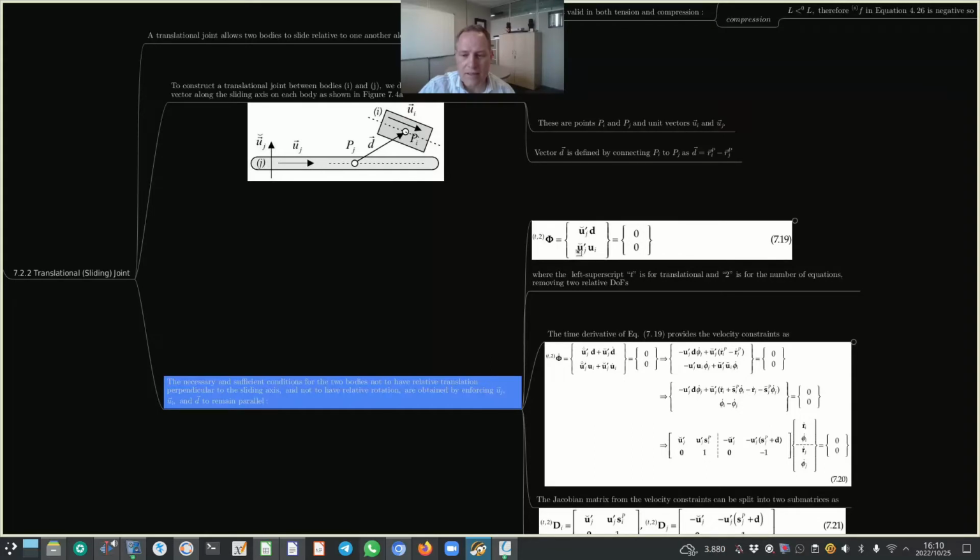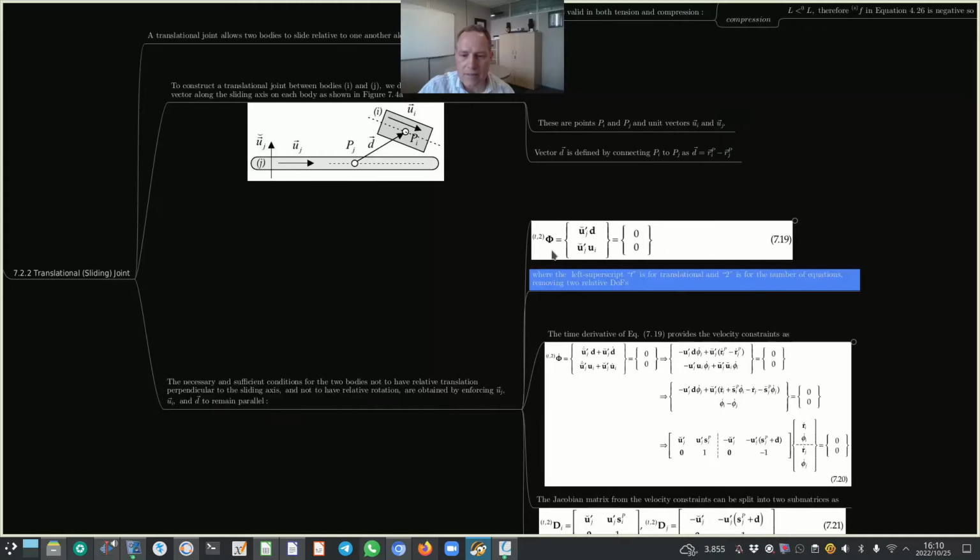And similarly, the vector product between vectors uj and ui also needs to be 0. Then we have enforced these two conditions that we just mentioned a minute ago. Okay, now just explaining this first part of equation 719, the left superscript t is for translational and 2 is for the number of equations removing 2 relative degrees of freedom.